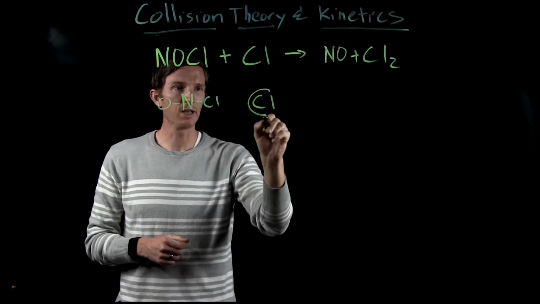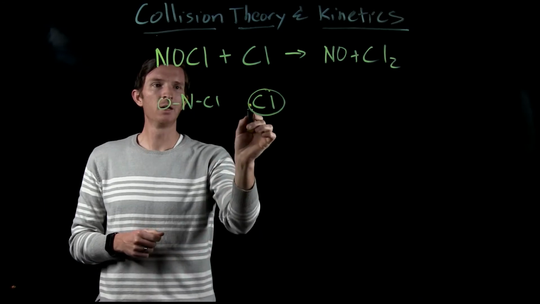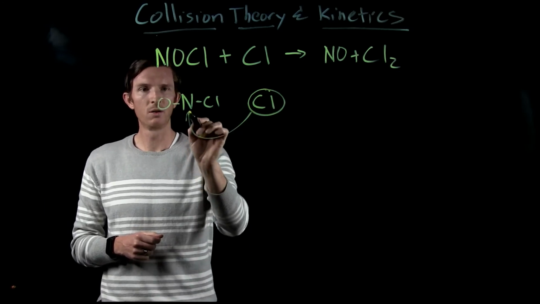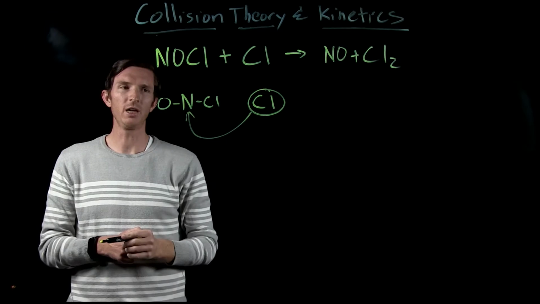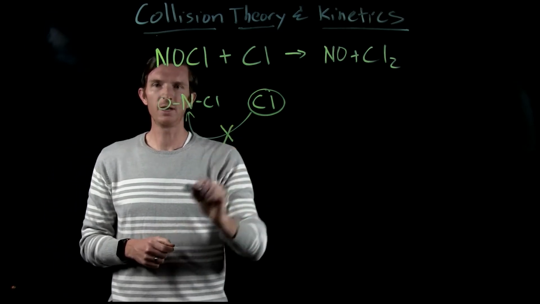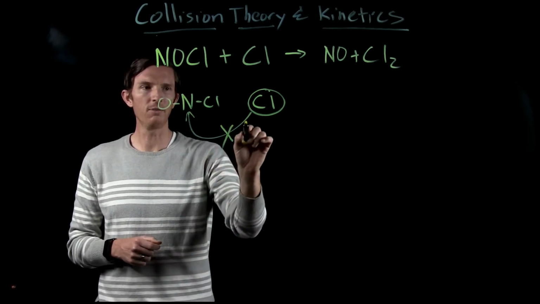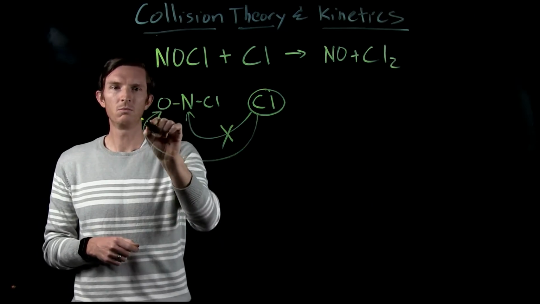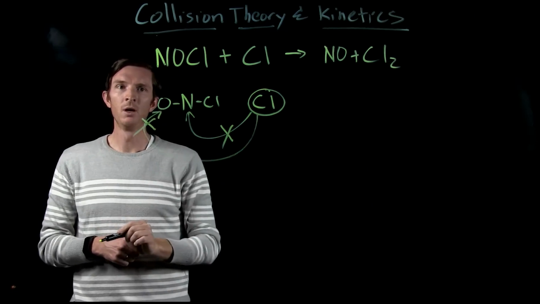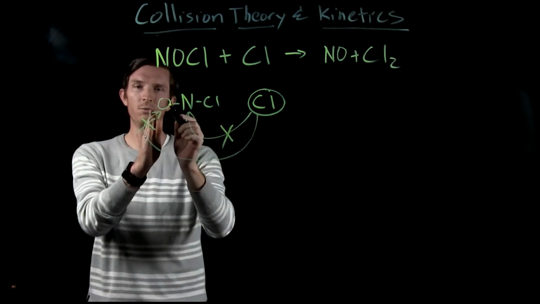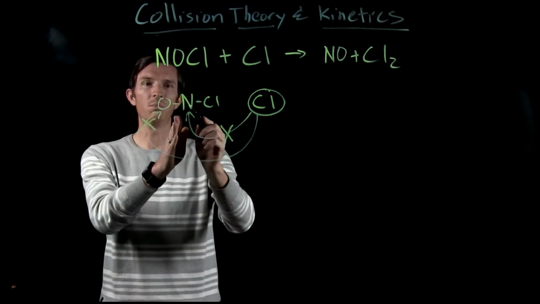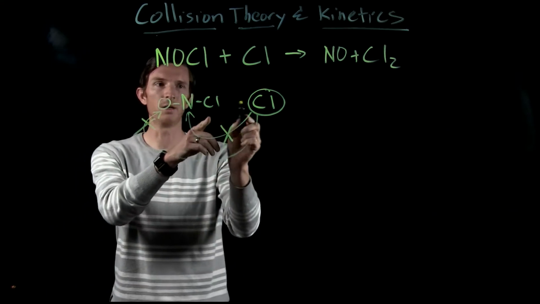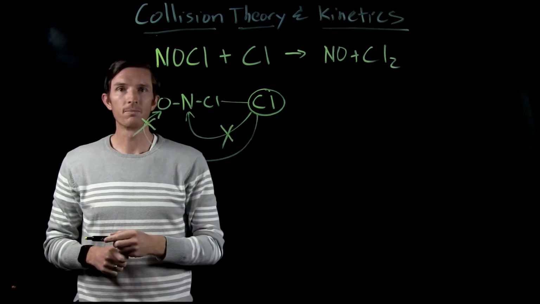So if the chlorine atom collides on the side of the molecule where there's nitrogen, nothing's going to happen. Or if it collides on the side with the oxygen, again nothing's going to happen, because it's not going to bond with that oxygen or that nitrogen. It's going to bond with that chlorine.